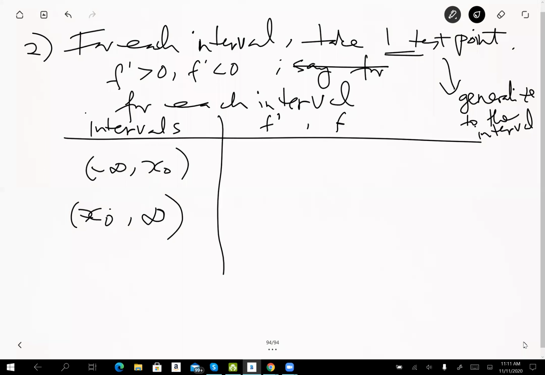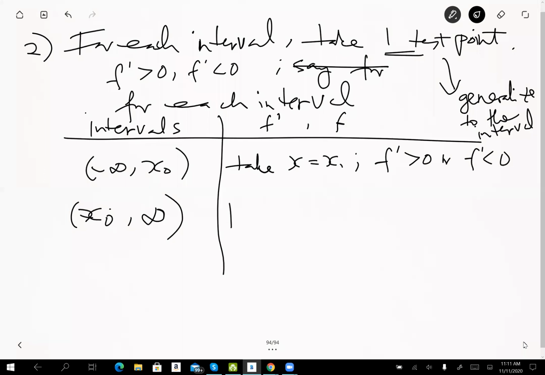So let's say for this interval, I take x equal to x1, whatever the value is, and you test whether f prime is positive or f prime is negative. And then you make the conclusion accordingly.